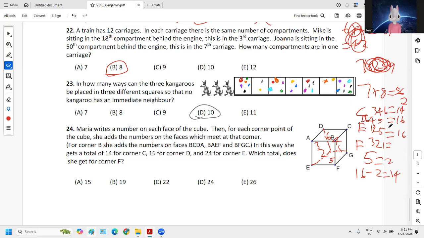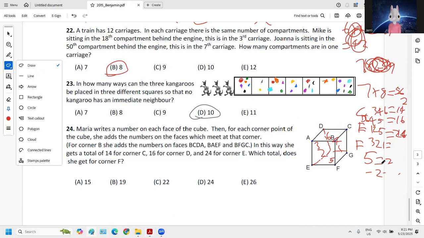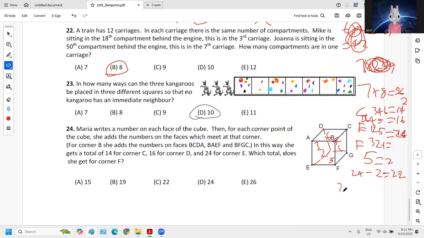And so, no, wait, E equals 24. So then 24 minus 2 equals 22. So then 1 plus 2 plus 1, and then plus 5, plus 3 equals 22.